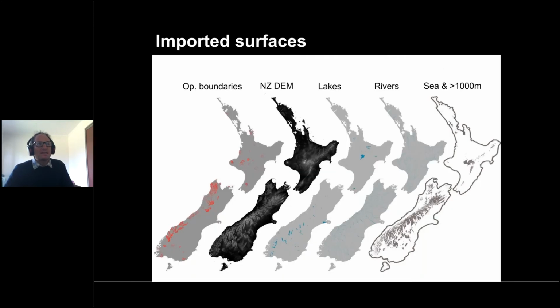We then also sucked in a New Zealand DEM, a lakes and river surface, and also a barrier surface for sea and areas over 1,000 metres.